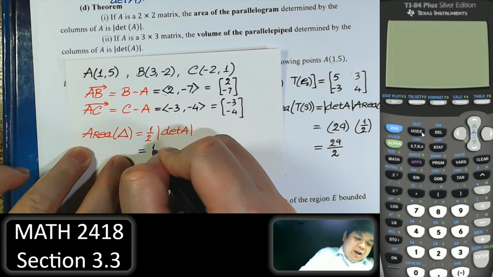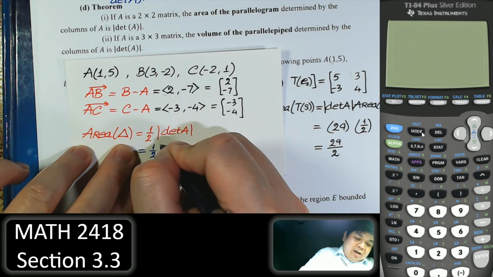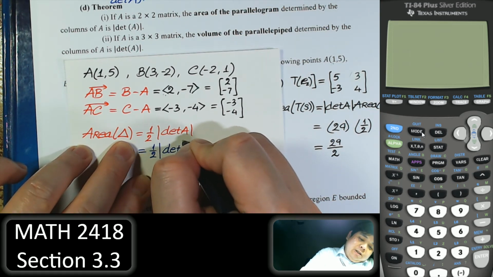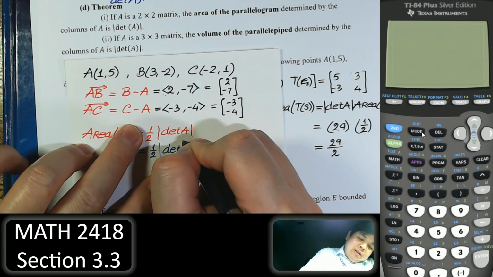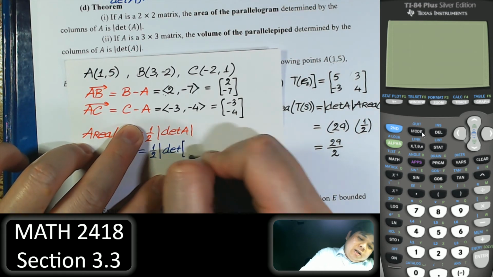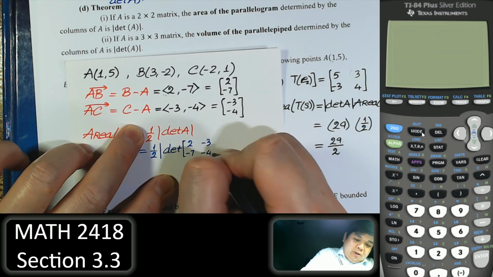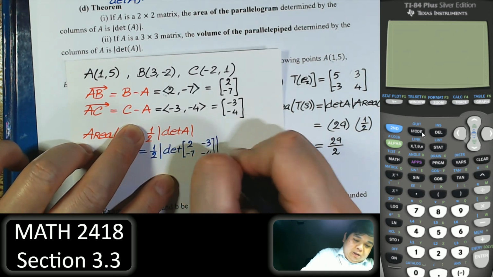So we have 1/2 the determinant of the matrix 2, negative 7, negative 3 and negative 4.